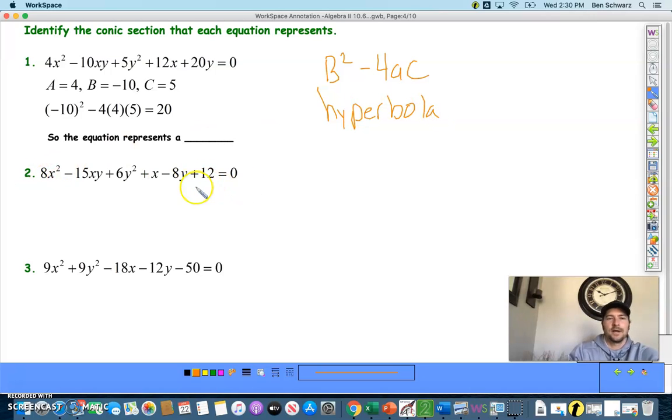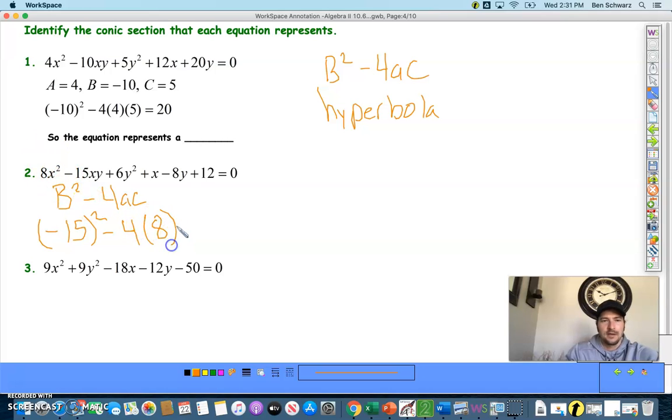All right, next one. B squared minus 4ac. So remember, the b is always the xy term. So negative 15 squared minus 4. A is our x squared term, 8. C is our y squared term, which is 6.